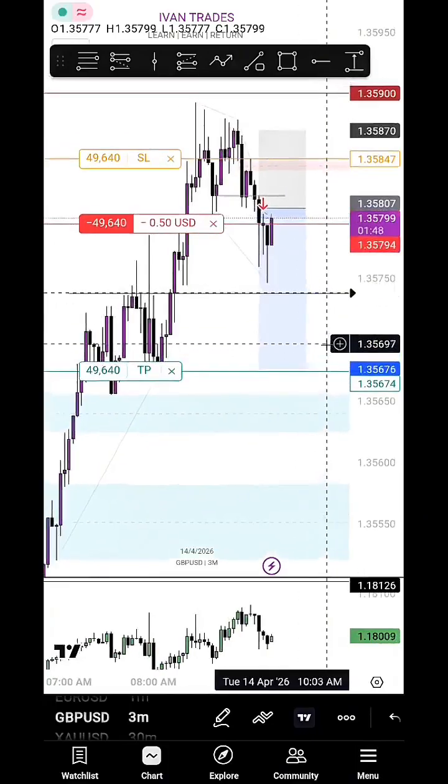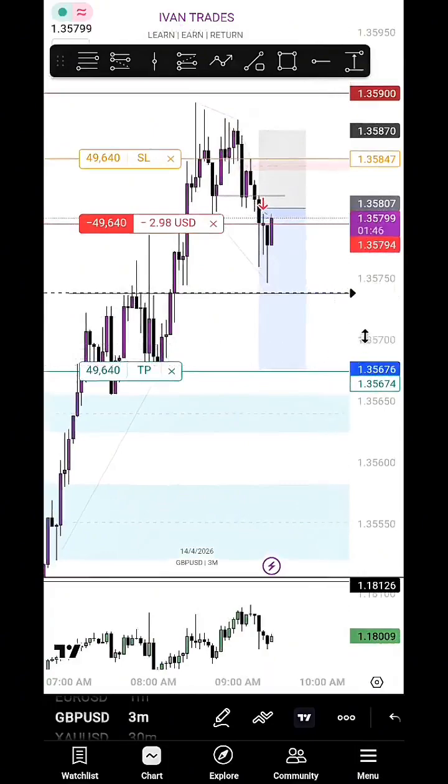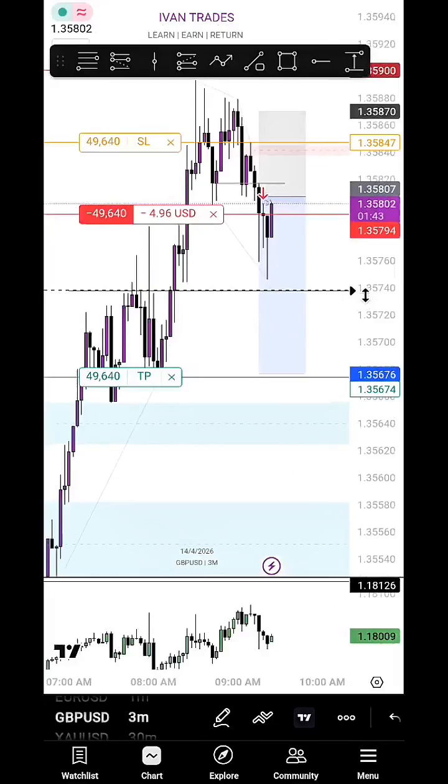So I'm just waiting to see if the GBPUSD is likely going to reach this equilibrium, or if it was just a retracement.